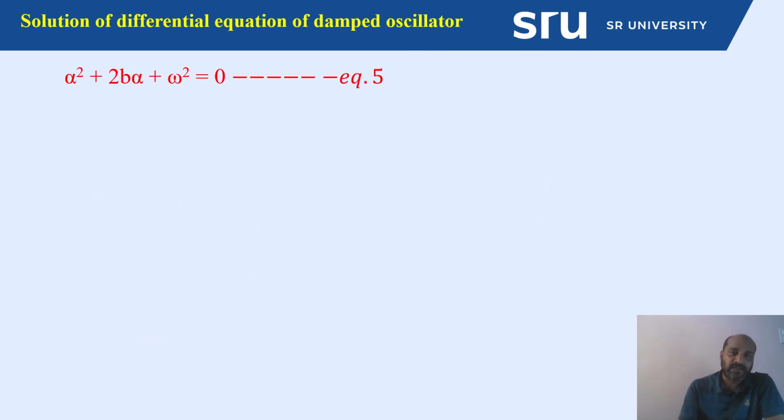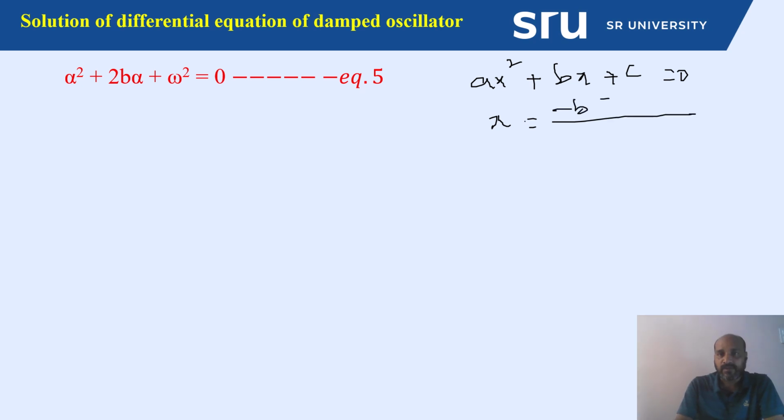Then this equation is like a quadratic equation, ax² + bx + c = 0, and the roots of this quadratic equation are (−b ± √(b² − 4ac)) / 2a.